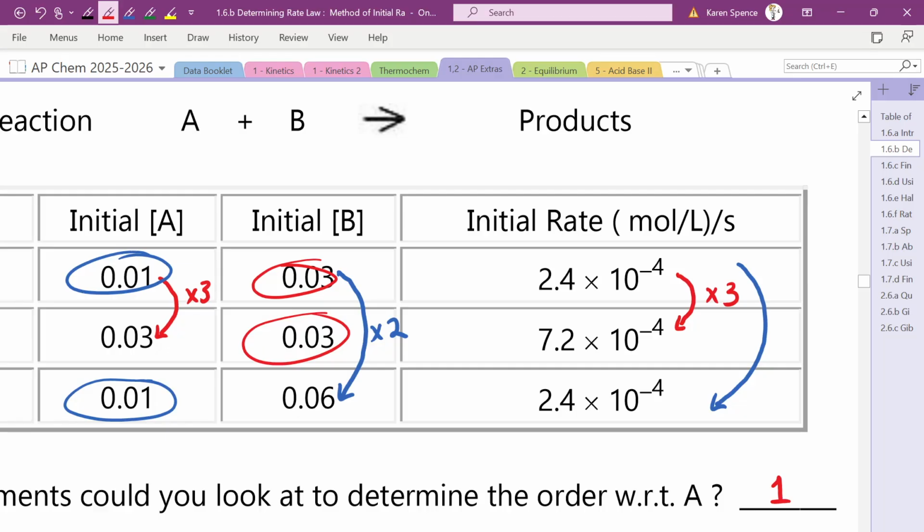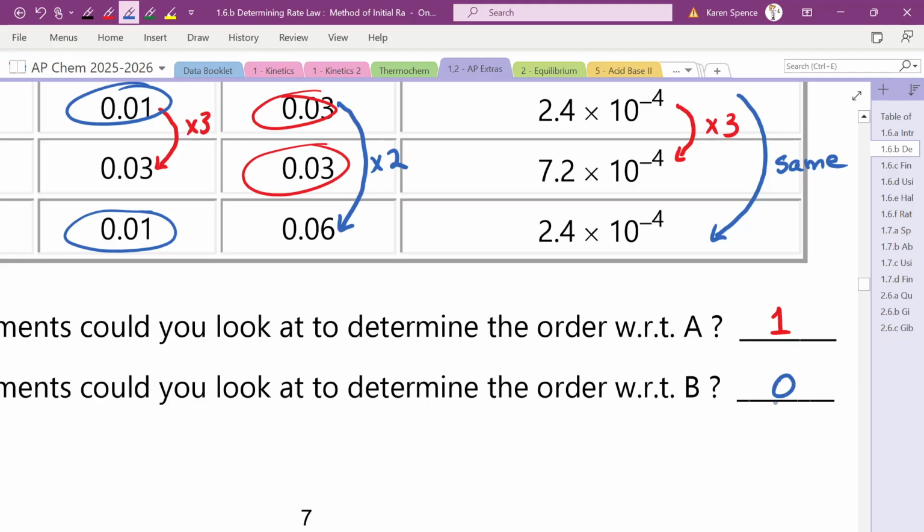All right, what happened to our rate when we doubled B? Same. Which tells us what order is it with respect to B? 0th order. So what is the rate law then for this equation? Rate is equal to K times concentration of A. And you can put a 1 if you want to.